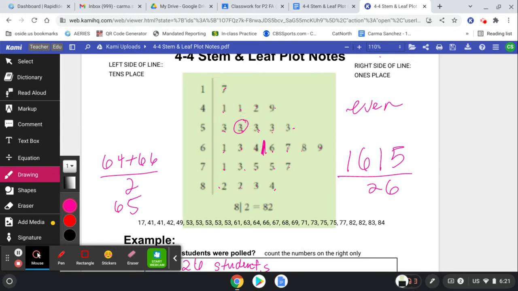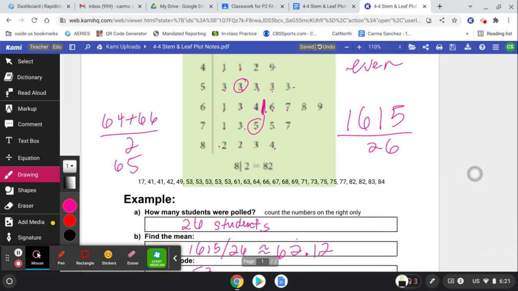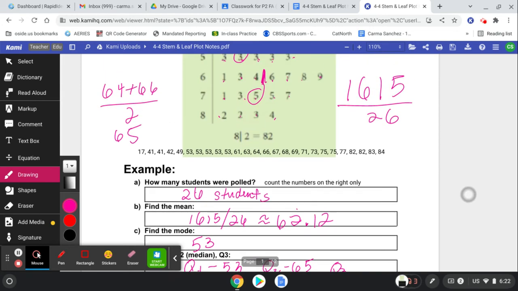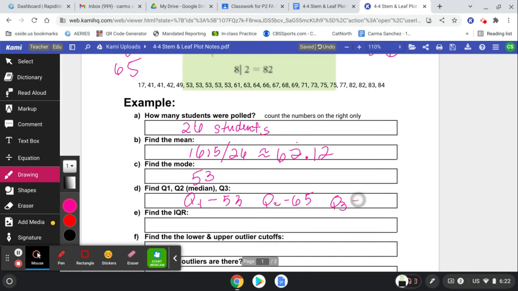So there's my Q1. And 1, 2, 3, 4, 5, 6, 7. There's my Q3. So 53 is my Q1. My Q2 was 65. And my Q3 was 75.